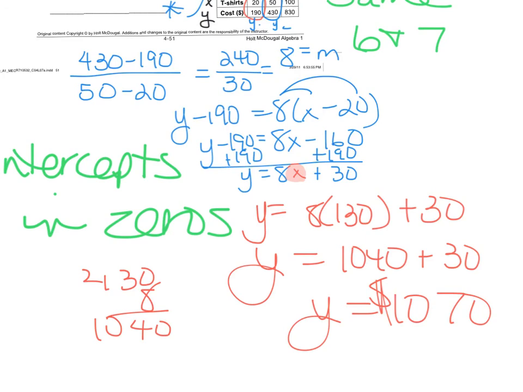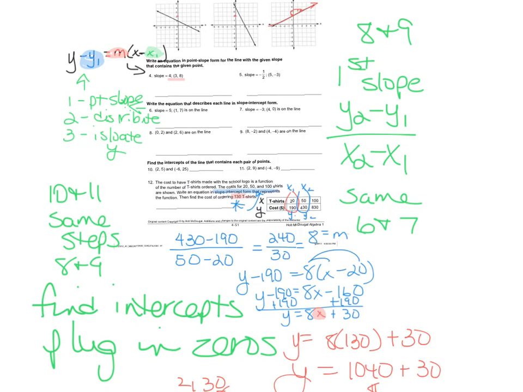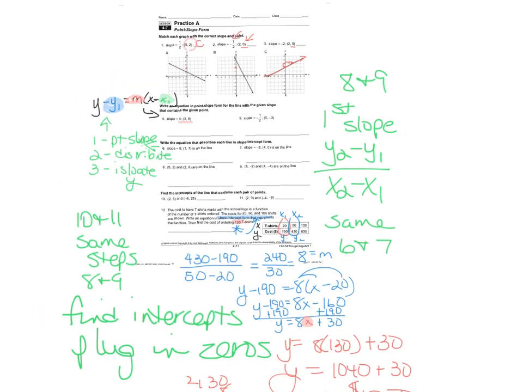We're going to practice the word problems a little bit more tomorrow. But I want you to practice the beginning part, plugging it into point slope first and then distributing. Your homework is practice A. All of the questions need to be put into point slope form first.